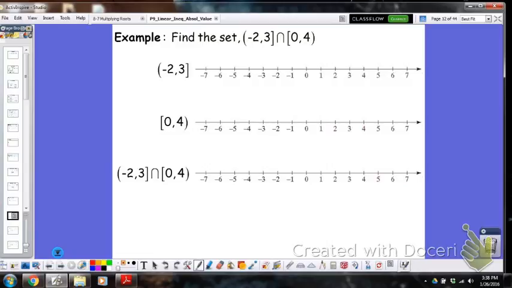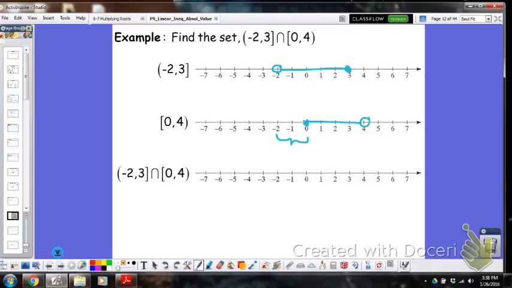Here we have an intersection of the same intervals. So we're going to have the same graphs. We'll have again an open circle at negative 2, closed at 3, and a closed circle at 0, open at 4. Now this time we're taking the intersection. So that's where they overlap. Looking at the two graphs, notice that the second one does not have the negative 2 to 0.